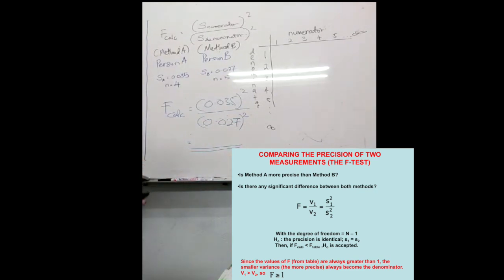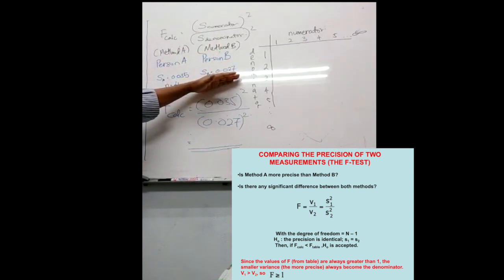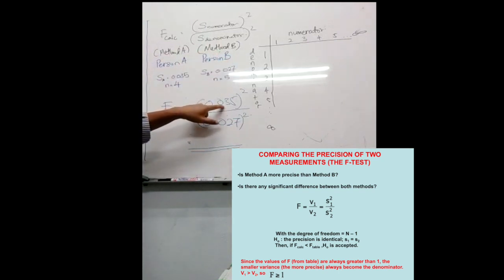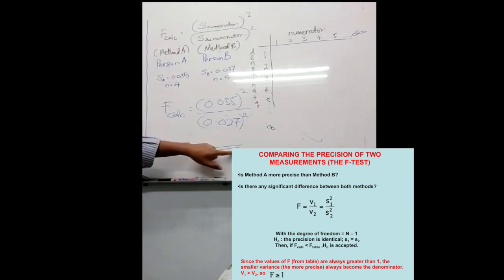To calculate F calculation, we must know which is the numerator and which is the denominator. Which one becomes the numerator? The one whose standard deviation is higher. So this is our numerator, this is the denominator, and we get the F calculation.